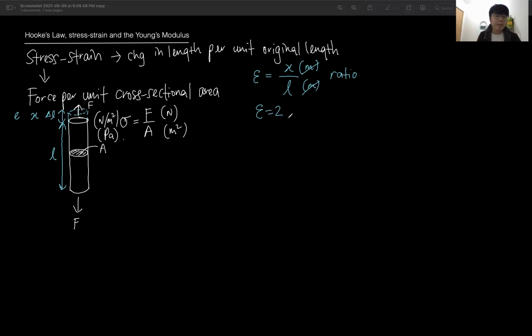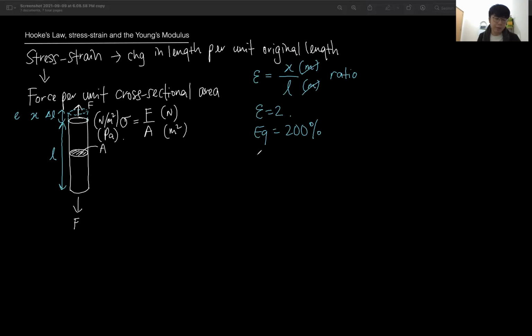Sometimes you see the strain given in percentage. It will be given in percentage because it's just a ratio, right? You can change it to percentage. So, for example, they say 200% of strain. What does it mean? 200% would be the same as strain equals 2 to 1.